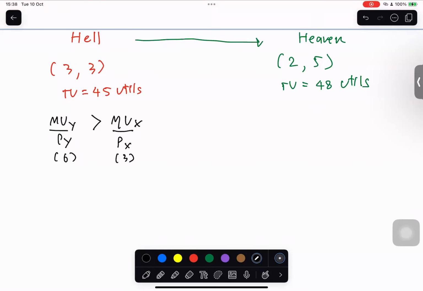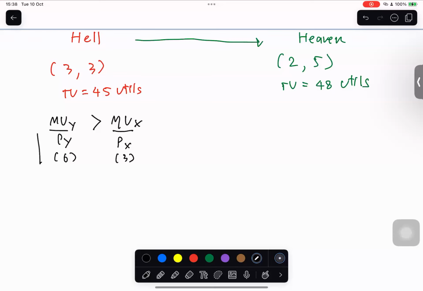Per baht spent on good X generates 3 utils. If this guy is not insane, he should believe us. Hey, you should spend more on the good that generates higher MU per baht, which is good Y. He buys too much of good X and too little of good Y. He should buy more of good Y.